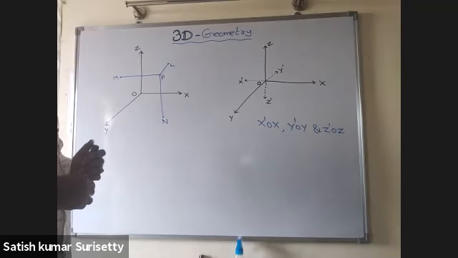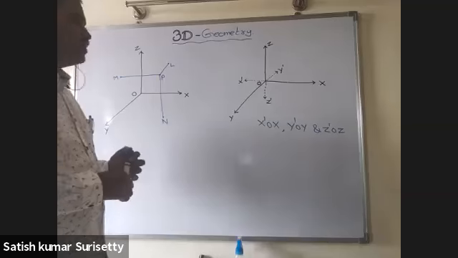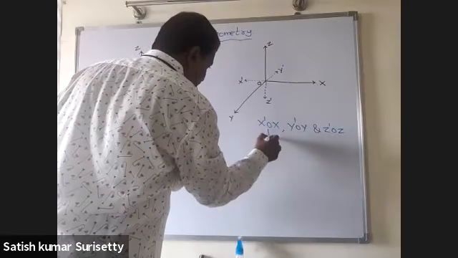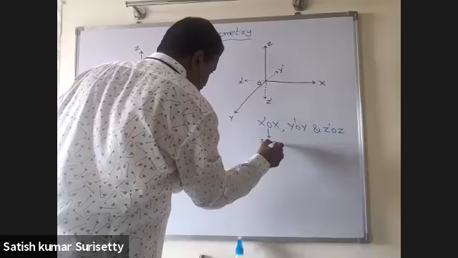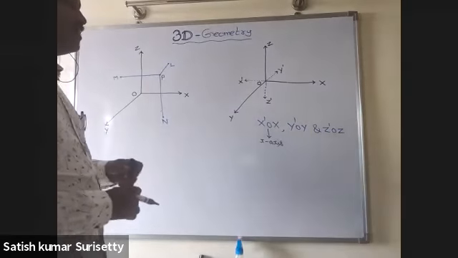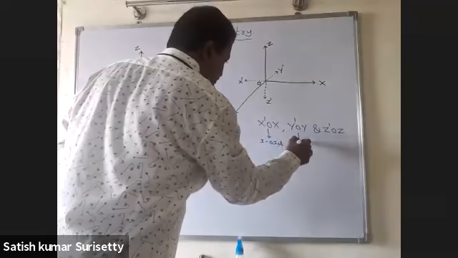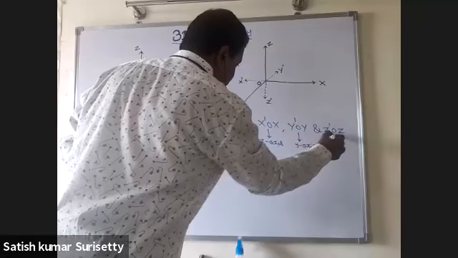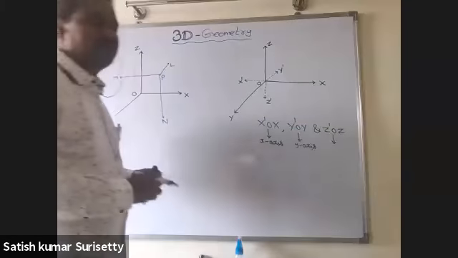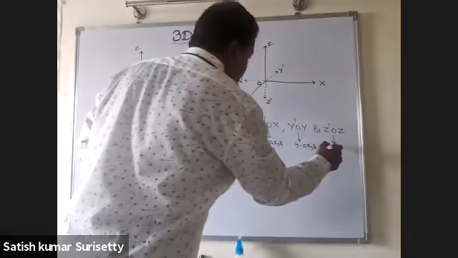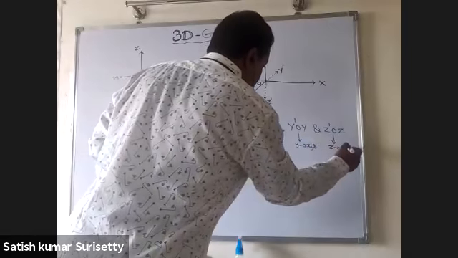Here X dash OX is called x-axis, Y dash OY is called y-axis, and Z dash OZ is called z-axis.